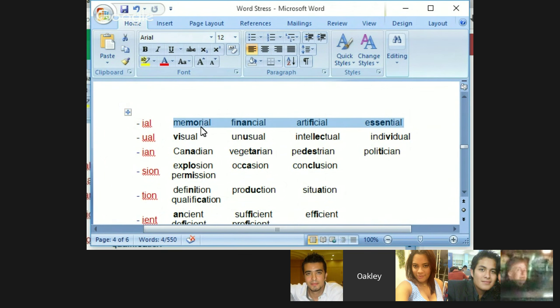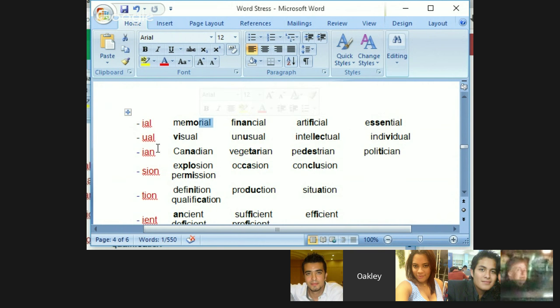The suffix is ial. Memorial. Financial, artificial, essential. You get the idea. It's always the syllable in front of the suffix, before the suffix, preceding the suffix.